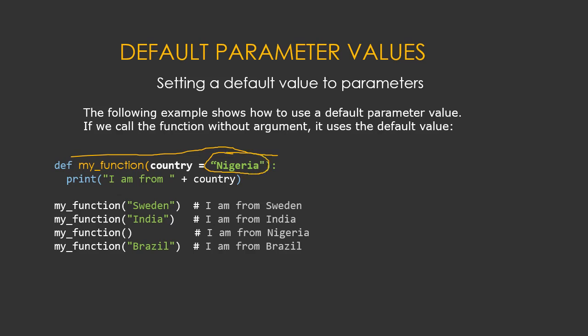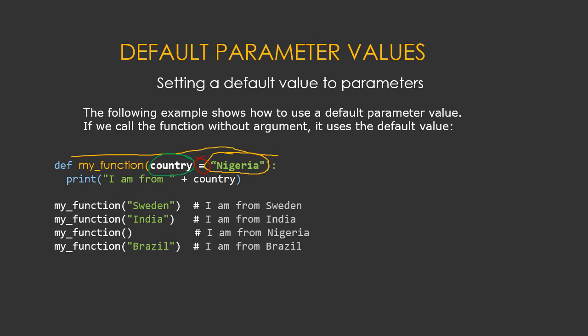We created a parameter called country, and then we use the assignment operator to assign a value to it. Here's the assignment operator.